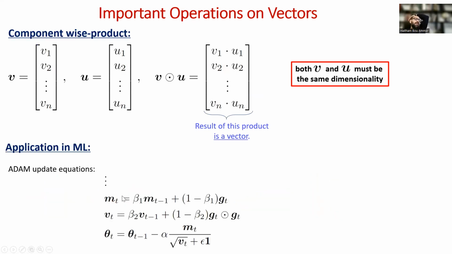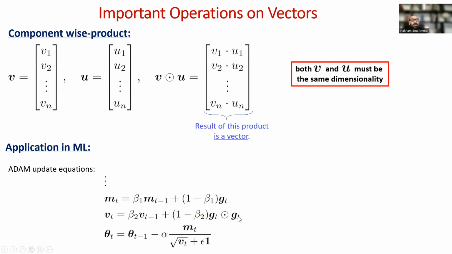So as I was saying, if you look into the update equations of Adam, you would notice that in the vector vt, for example, what we are doing is taking the gradient gt and doing a component-wise product with gt itself.